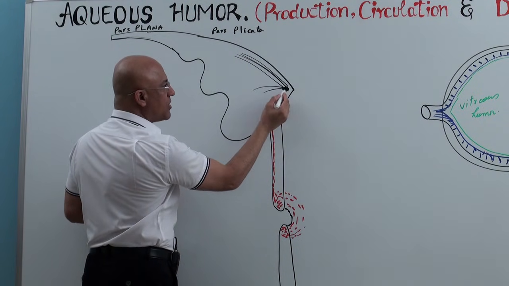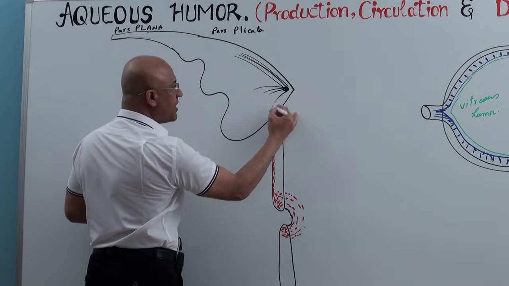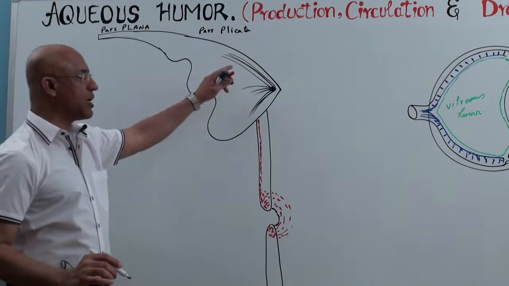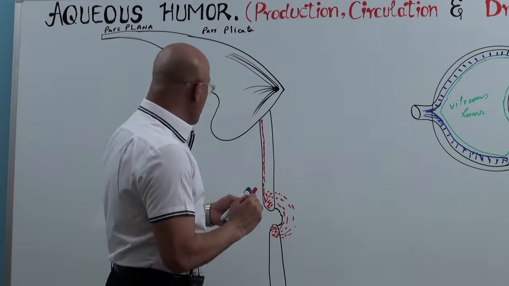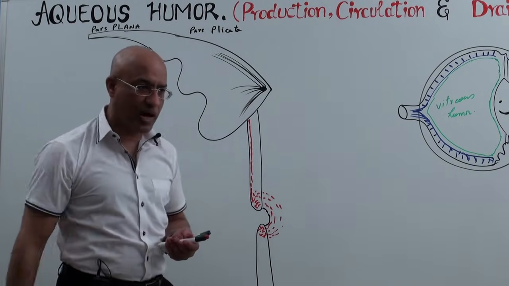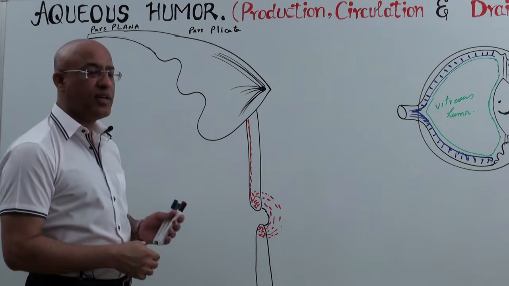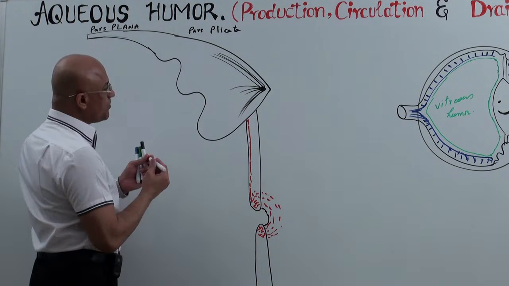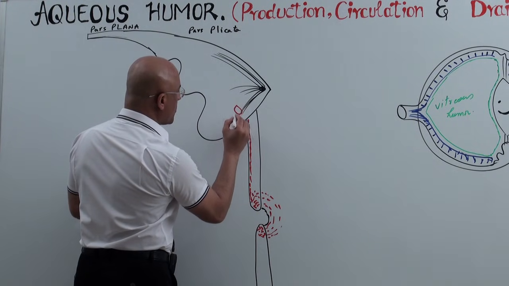Then there are radial fibers, and then there are circular fibers. But today we are not going into detail of ciliaris muscle. What I want to tell you is, under it, there is a highly vascular stroma, which plays a part in formation of aqueous humor.